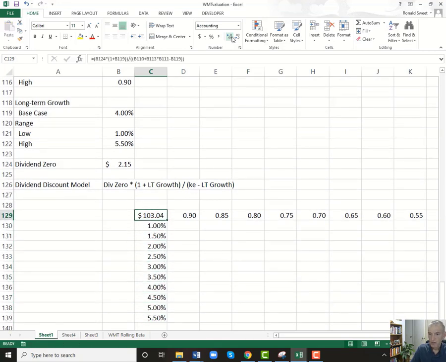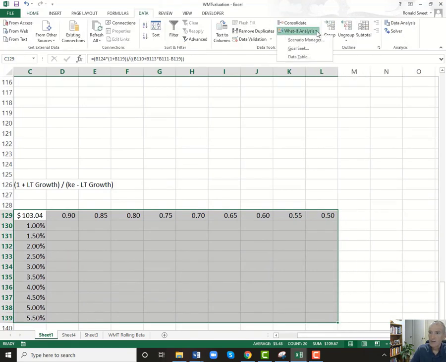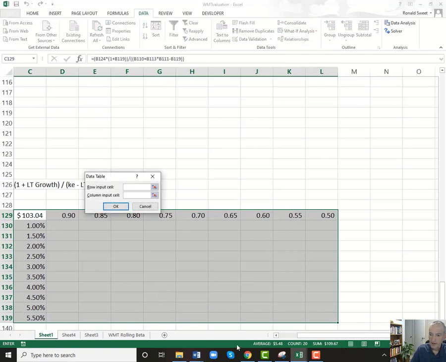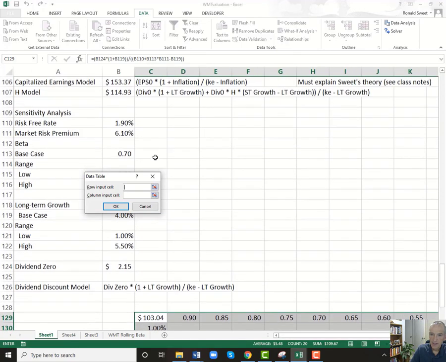And then what we're going to do is we're going to change these numbers so that we can run scenarios. So what you want to do is you want to highlight this entire area and then do data, what if analysis, data table. And your input cell is your beta, so your base case beta is there.